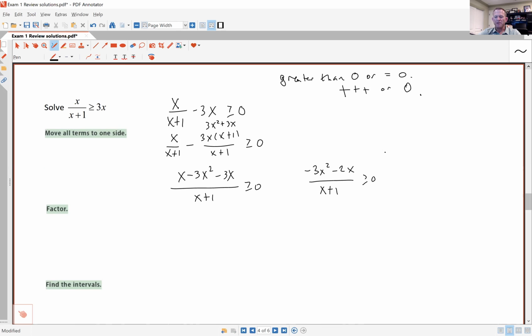And in the numerator, I'm going to factor out a negative x. We factor out the negative x, and we're left with 3x minus 2 divided by x plus 1.